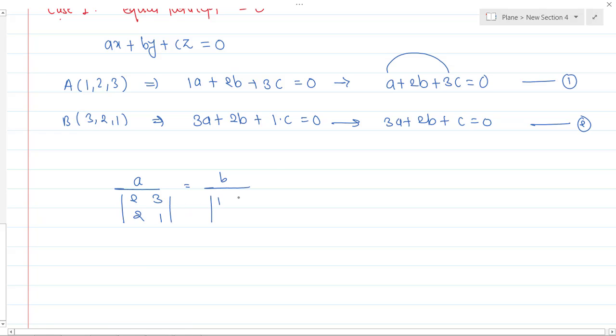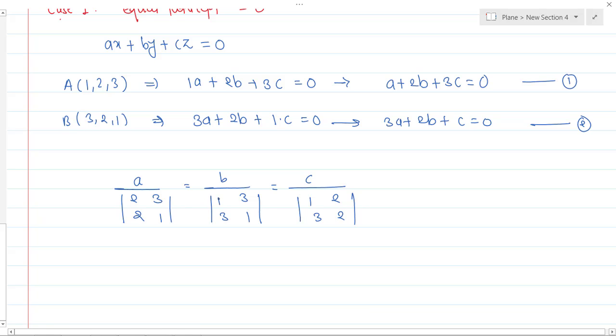So write down as it is 1 3. And next we have 3 and 1. Next what we have is, remove this c, that is c divided by, remove this c and have the coefficients, that is 1 and 2, and we have 3 and 2 again.